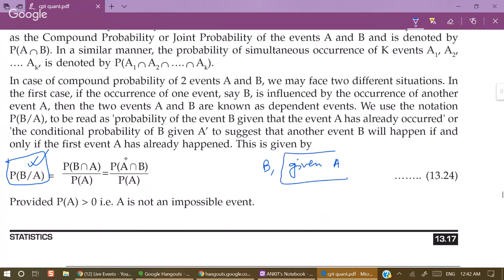Given A means A is sure. No one can stop A from occurring. When we talk about B given A, we need to find the probability of B when A is already occurring. So we are talking about the probability of B when A is given.